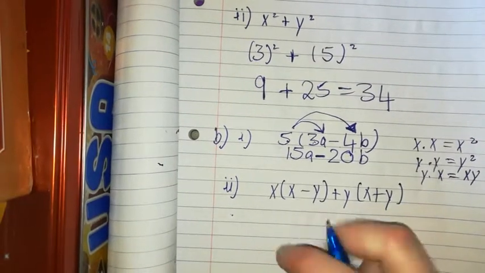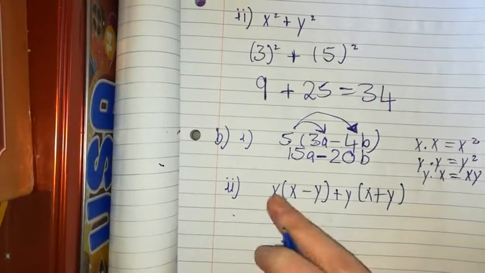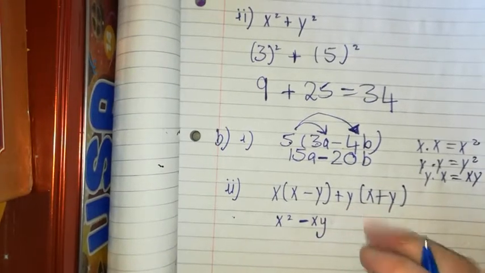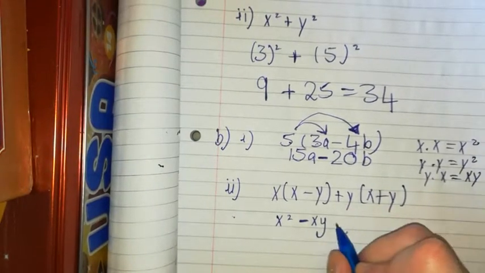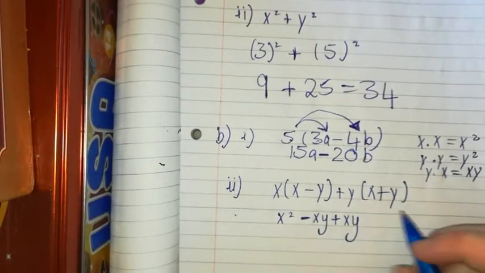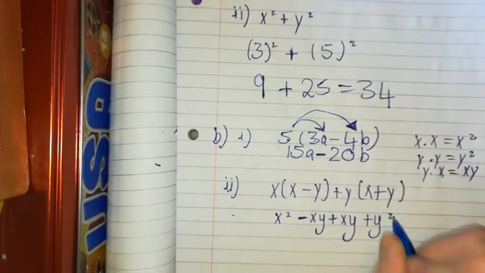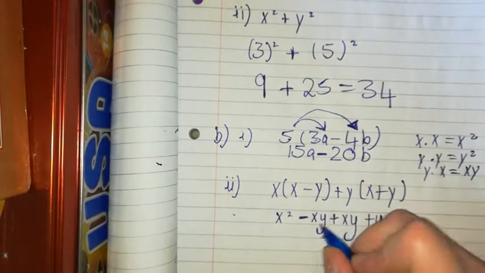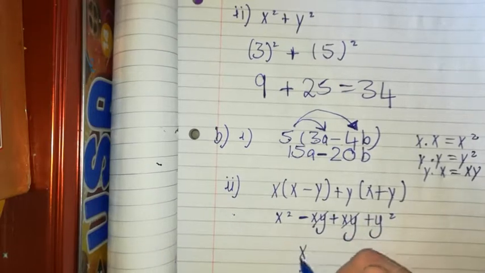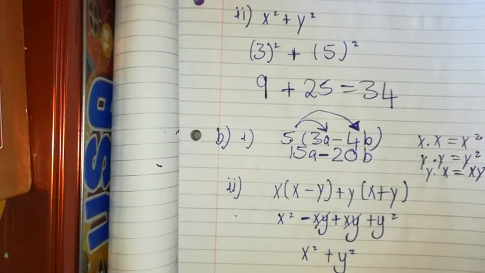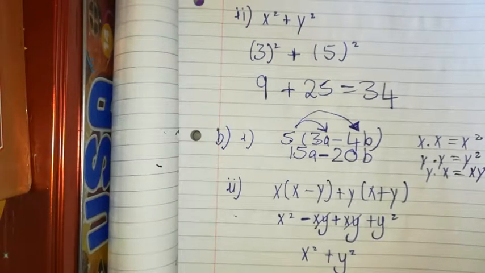So x by x is x squared. x by y is plus xy. Y by x is minus xy, it doesn't matter which way we write it. And then y by y is y squared. So xy minus xy, that's just one thing minus itself, so that's going to be 0. So then I get x squared minus y squared. So that's kind of in its simplest form.